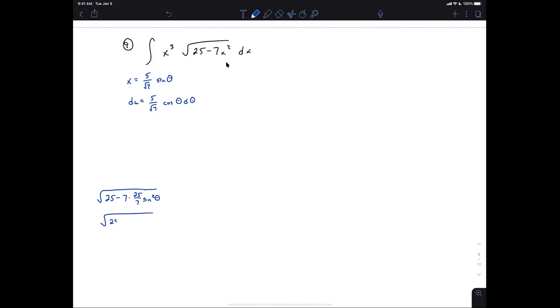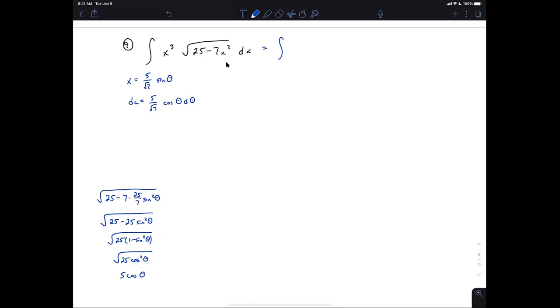The 7's cancel, so you get 25 minus 25 sine squared theta. The 25 factors out. 1 minus sine squared is cosine squared. And then the square root of that's 5 cosine theta.